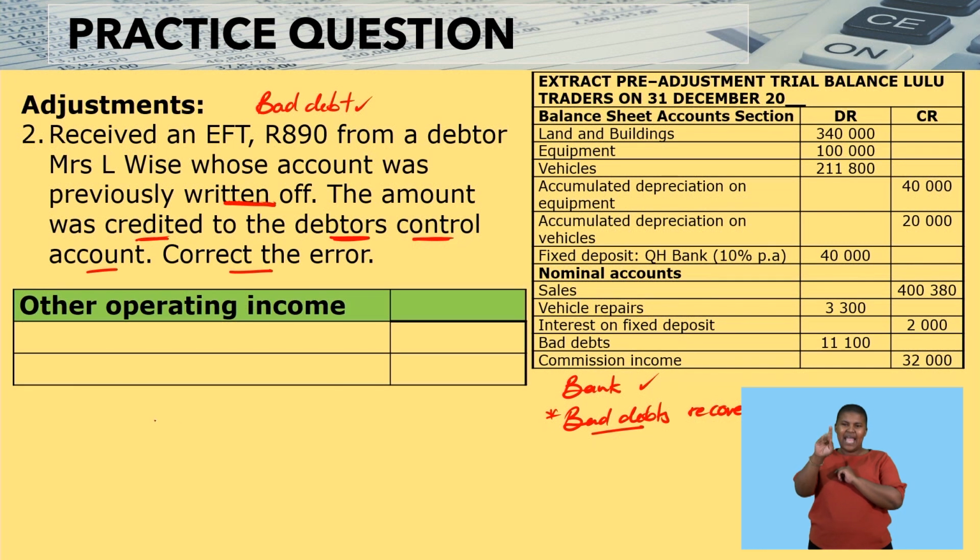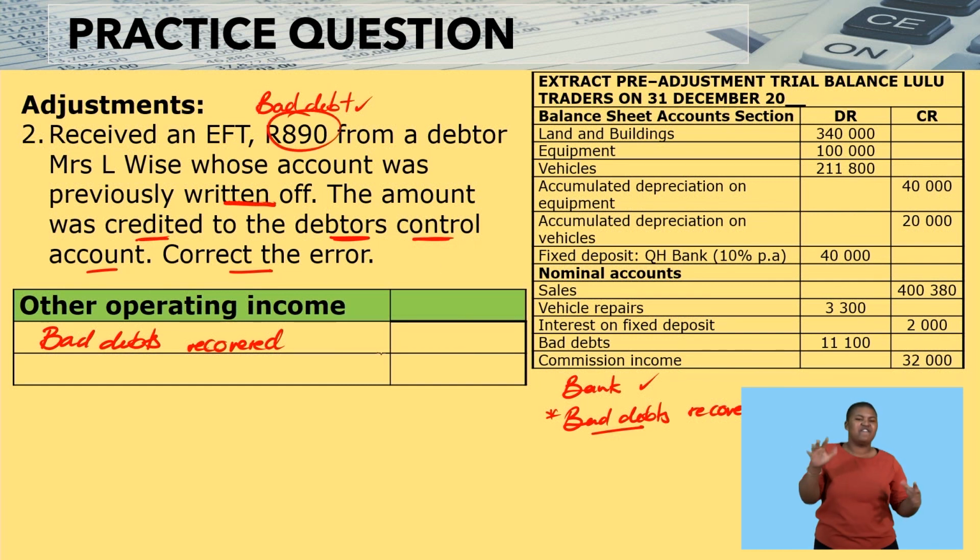So we come here now. Under other operating income, we record what is known as bad debts recovered, and it is the amount that we have received, 890.